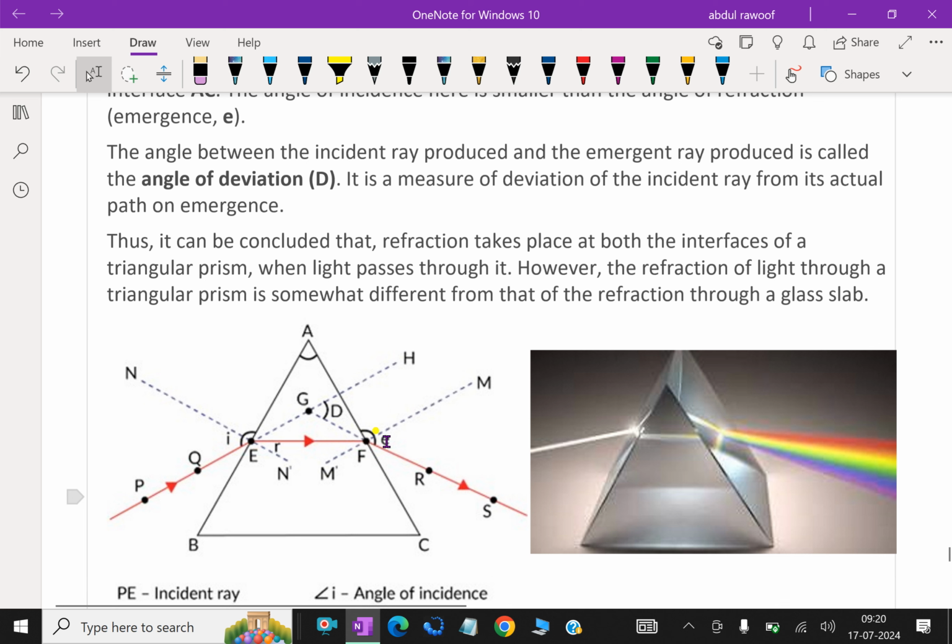Then this angle is E. Therefore, the angle between the incident ray produced and the emergent ray produced is called the angle of deviation. Here, A is the angle of prism and angle D is the angle of deviation. Thus, it can be concluded that refraction takes place at both the interfaces of a triangular prism when light passes through it. However, the refraction of light through a triangular prism is somewhat different from that of refraction through the glass slab.